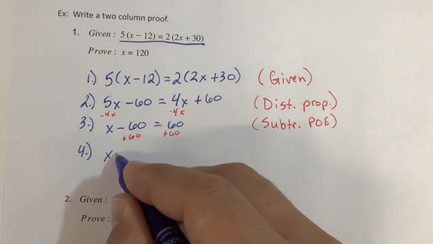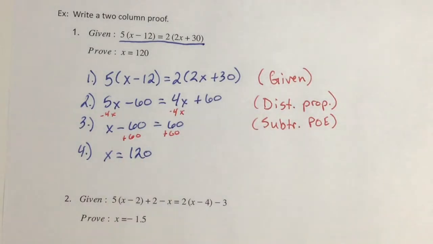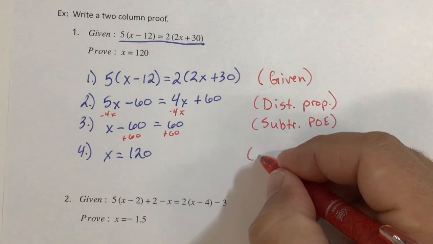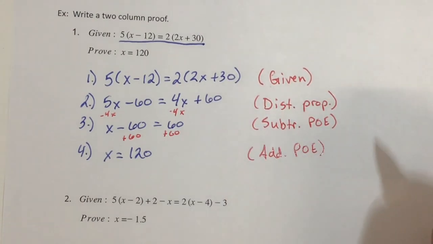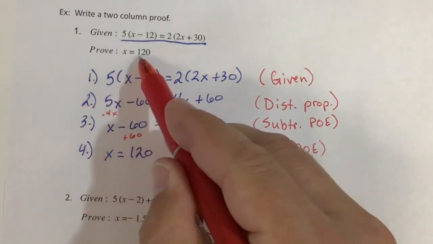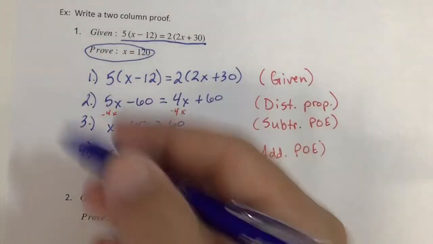Well, now x is entirely by itself, and this side, 60 plus 60, is 120. And again, the reason for that is that I added the same thing to both sides. So it's the addition property of equality. Now, what you'll notice is step 4 here is exactly what I was trying to prove. Since this is what I was trying to prove, my proof is done.